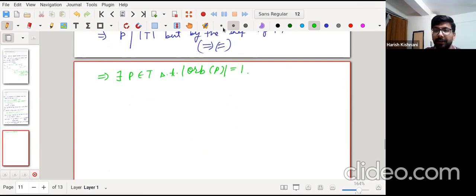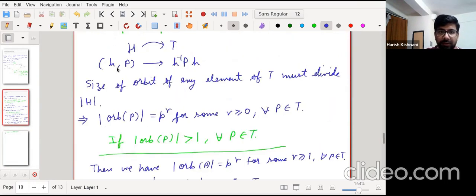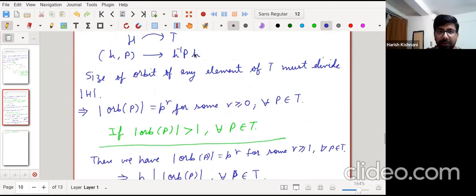What action were we having? H was acting on T through conjugation, and its orbit is 1. So each conjugating element is just fixing it.